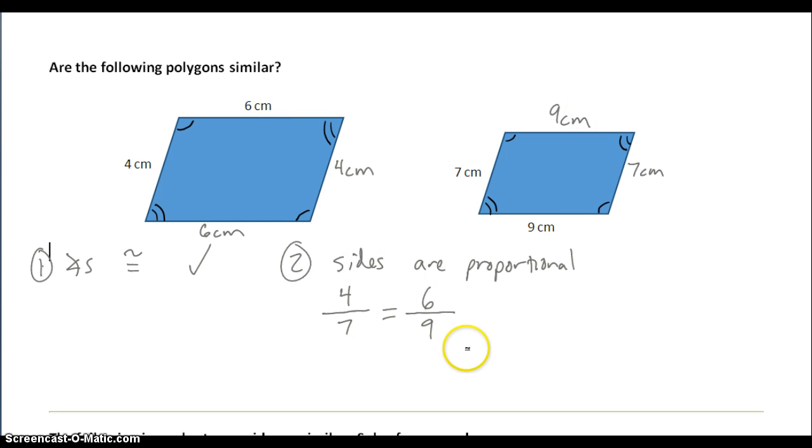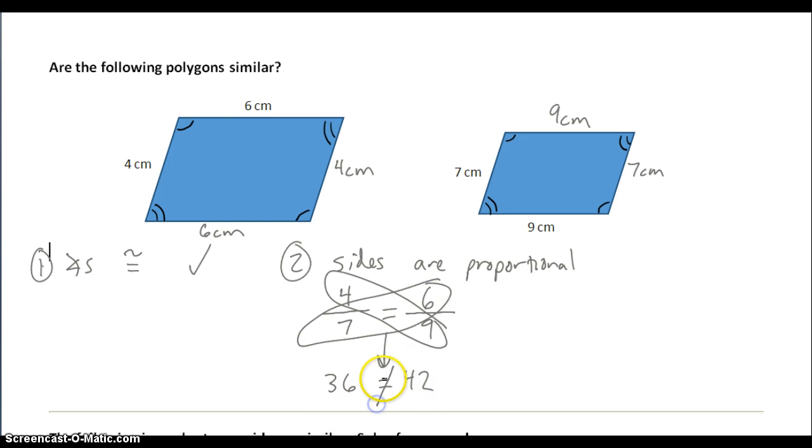To check this proportion, I'm going to cross multiply. 4 times 9 is 36. 7 times 6 is 42. 36 does not equal 42. So these sides are not proportional. So even though my angles are congruent, my sides are not proportional. So no, these shapes are not similar.